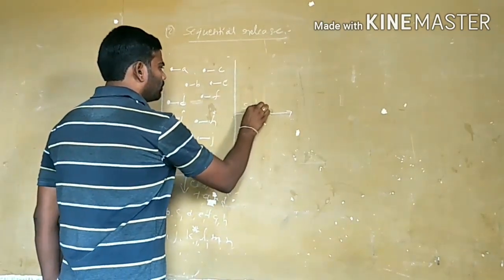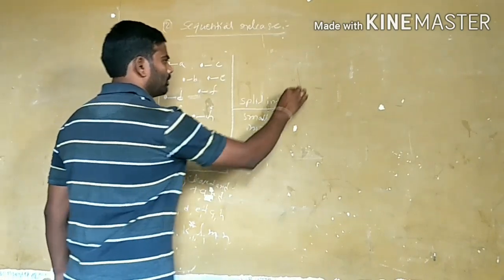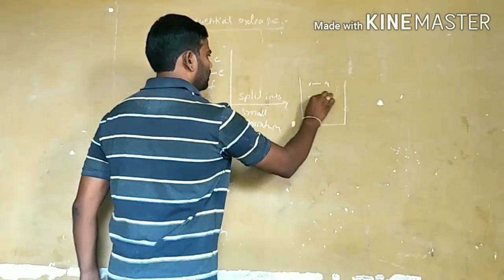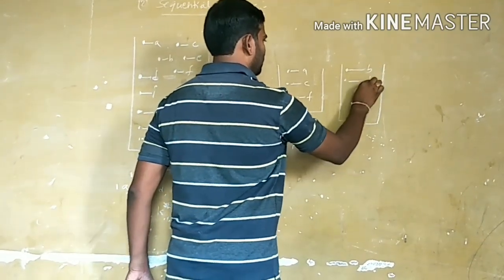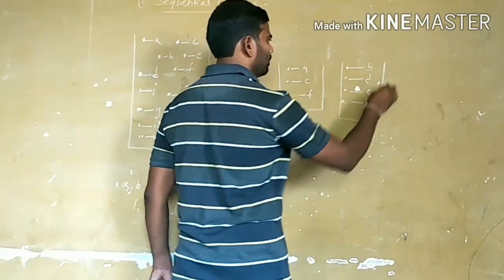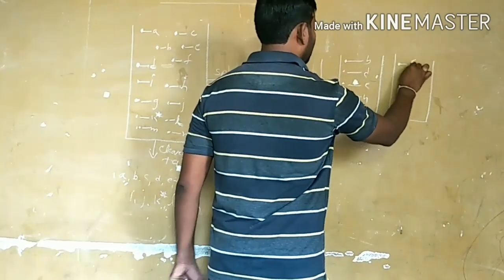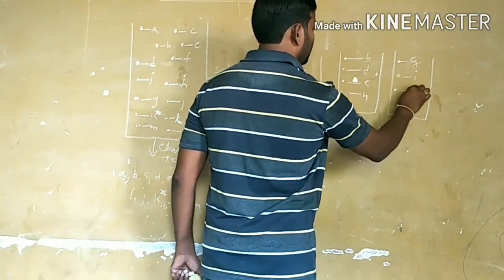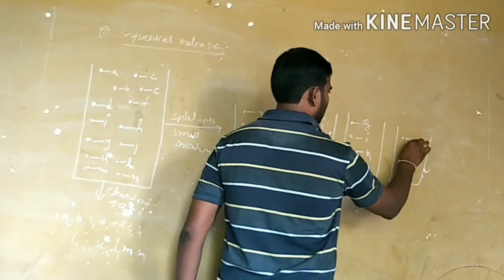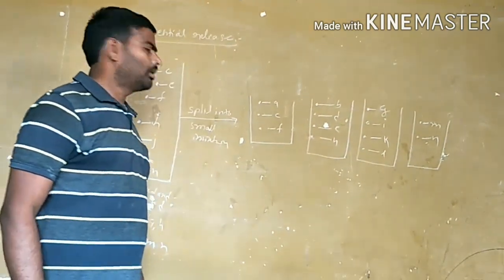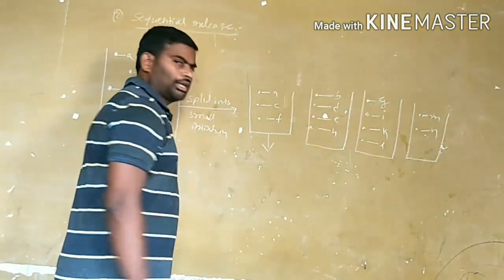This is split into small portions or small mixtures: A, C, F in one; B, D, E, H in another; F, G, I, K, L in another; and M, N in another. These are tested for the biological activity.